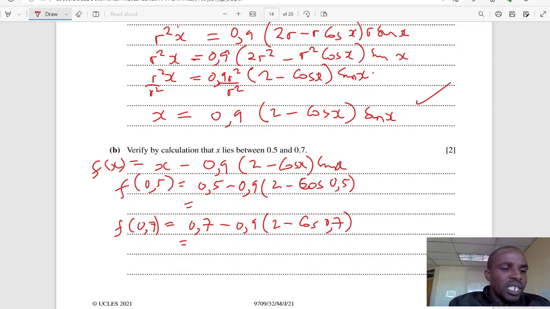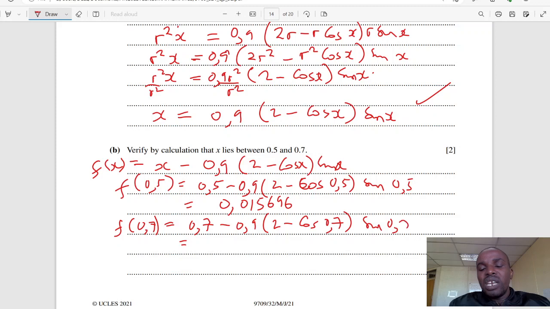Then there's one item missing, which is sin 0.5 outside. You get 0.015696.